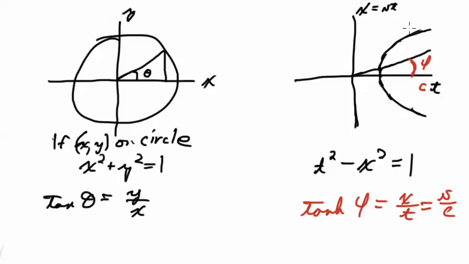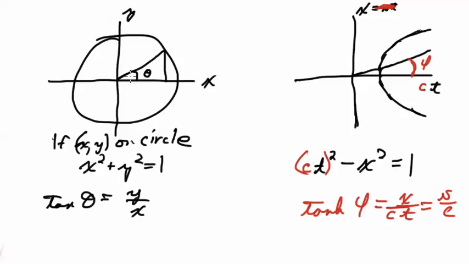X and ct is the way you want to write it, so ct squared minus x squared equals 1, and maybe put a c down here too. Yeah, that would probably fix it up.